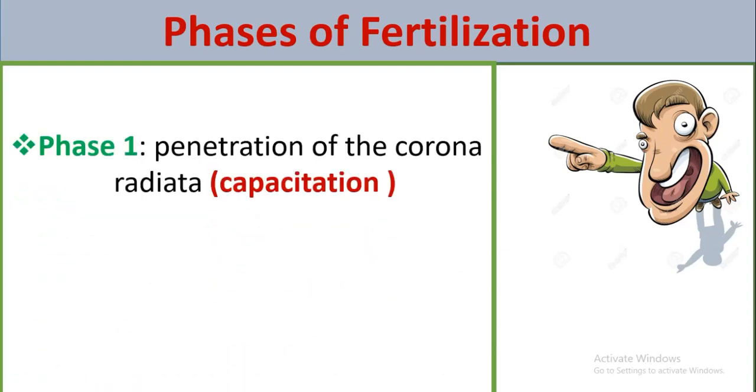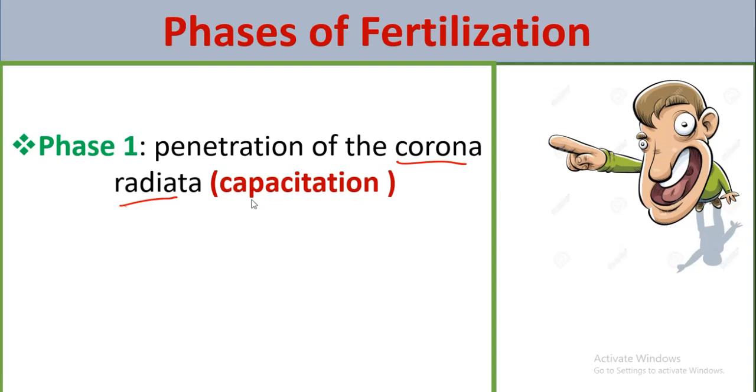The first phase is penetration of the corona radiata. The corona radiata is part of the female oocyte. You're going to see it when I show you the slide of the female gamete. So the first one is penetration of the corona radiata.